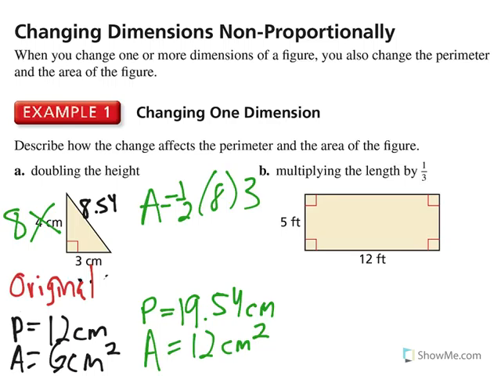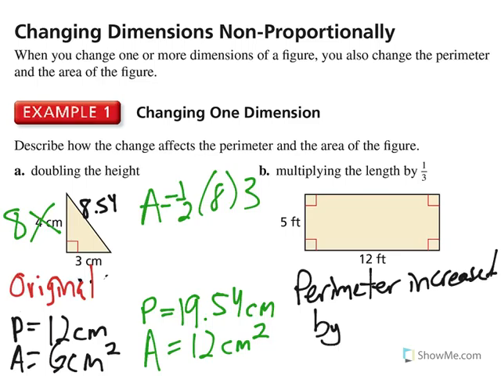And so we want to describe how this change affected the perimeter and the area. So for the perimeter, we're going to look at what the difference is. So if I look at my new perimeter, 19.54, and I subtract from it the original of 12, my perimeter changed by about 7.54 centimeters. So I'm going to say that the perimeter increased by 7.54 centimeters.